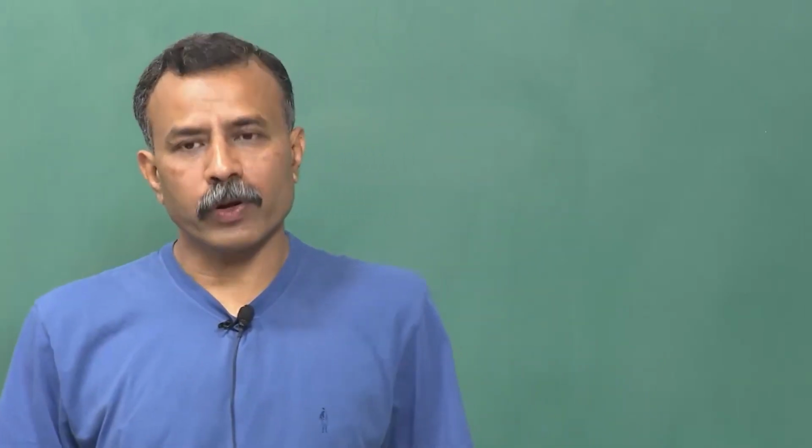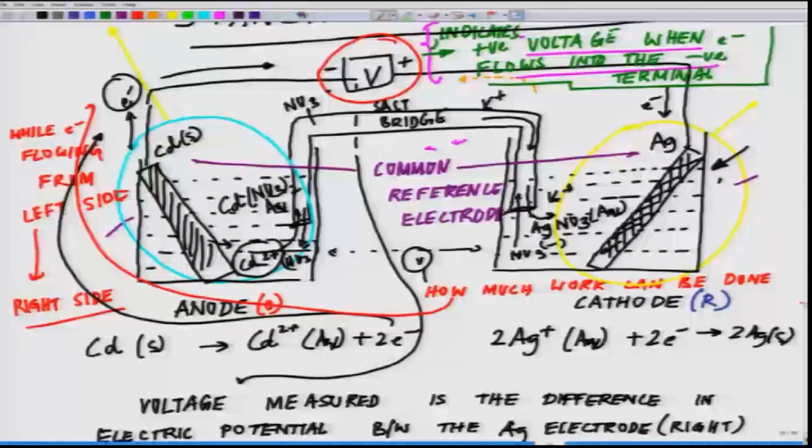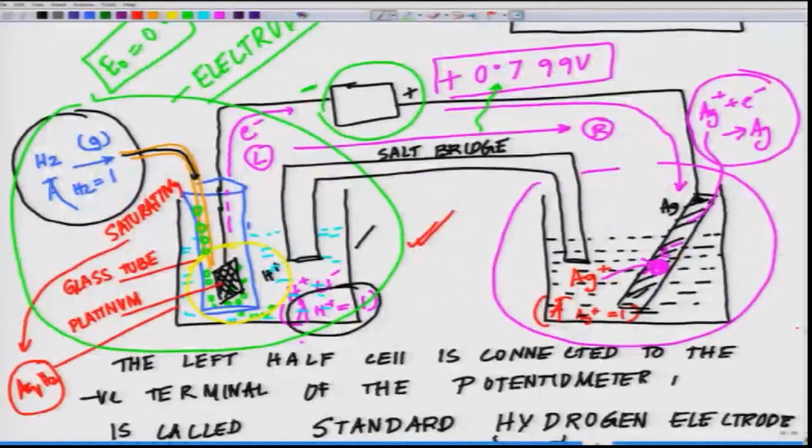When we made that cell, what we showed is that cadmium is getting oxidized and the electron is moving from left to right to the silver electrode to reduce the silver. Then we had this standard hydrogen electrode. Out here we showed the electron from the standard hydrogen electrode moves and reduces the silver.